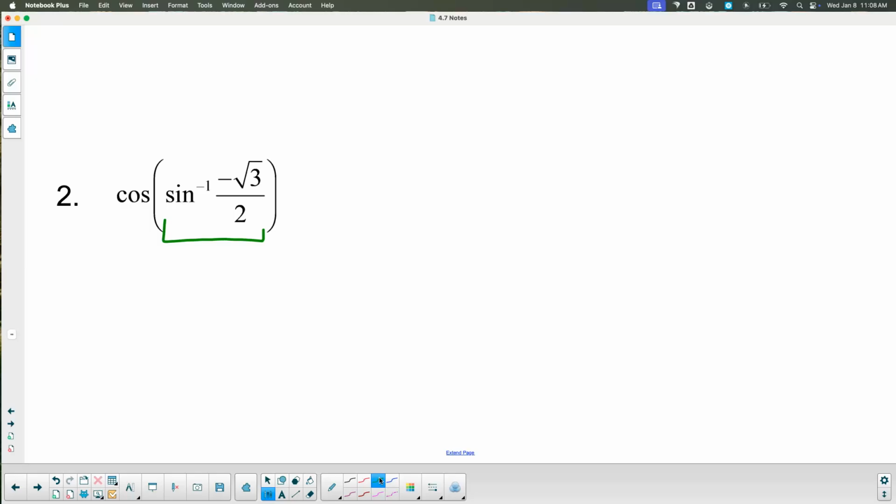Because it's not in the range. Yep. Negative pi over 3. Love that one even more. And what is the cosine at negative pi over 3? 1/2. Yep, exactly.